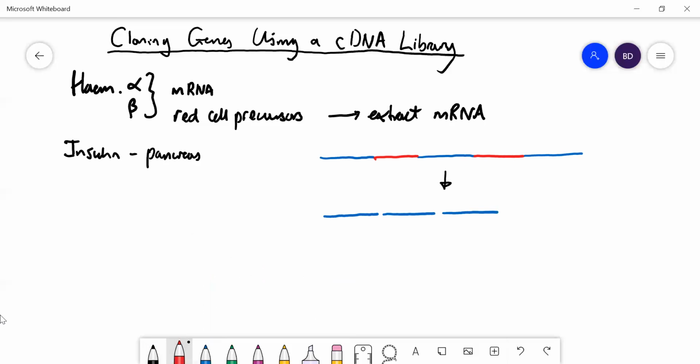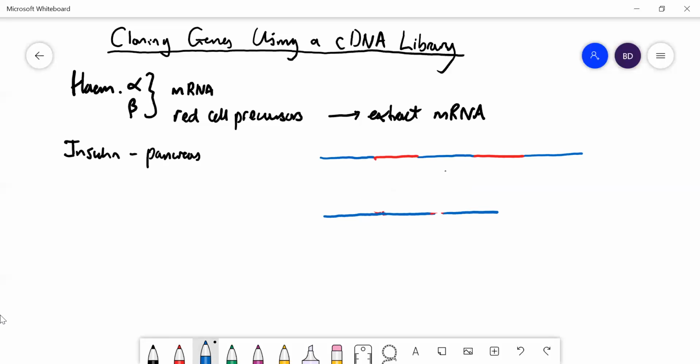Those red bits, the introns, get chopped out, kind of looped out, and then the ends are joined together. So we end up with a piece of RNA without any non-coding regions in it.